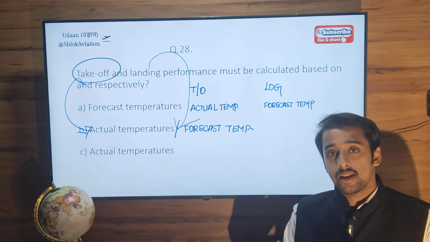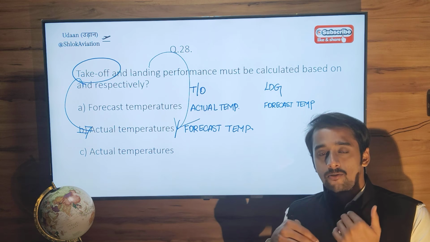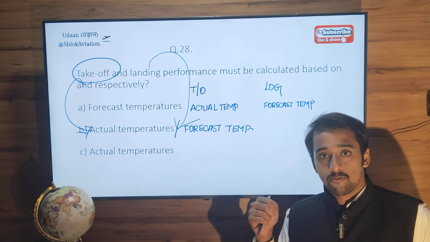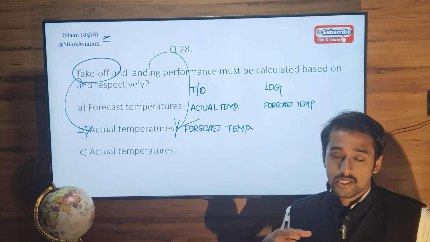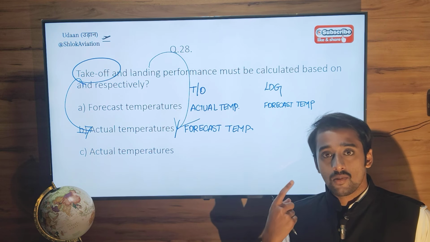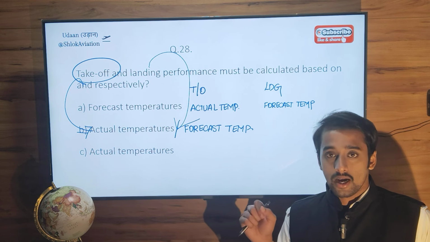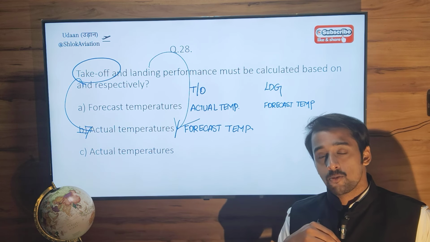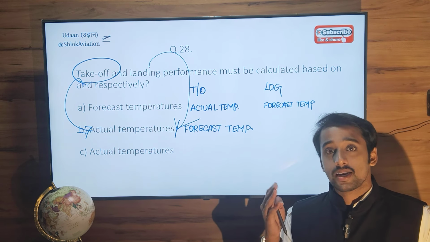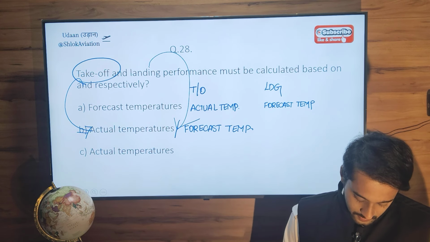During your flight, when you finish your cruise phase and start your descent, or even before descent, you will get updated current information from that landing airport ATC tower or ATIS frequency, automatic terminal information service. When you hear that frequency, you will get the current weather report at that airport. That will be current. But just at the takeoff airport, when you do planning, to get an idea of what to expect after 3 hours, you get forecast values or forecast temperatures.